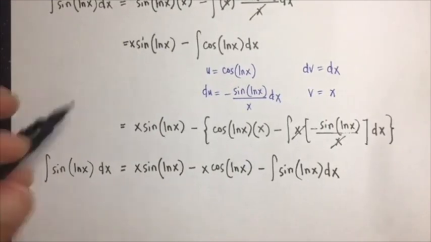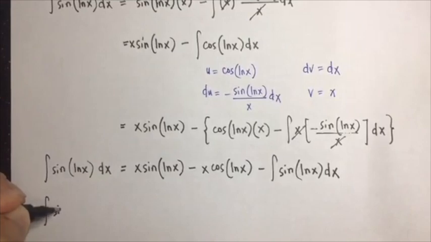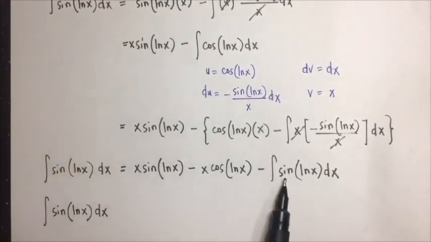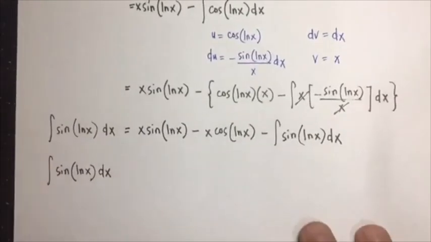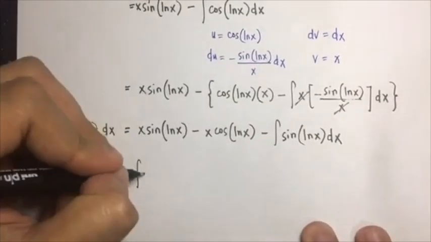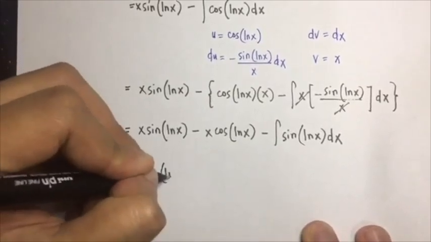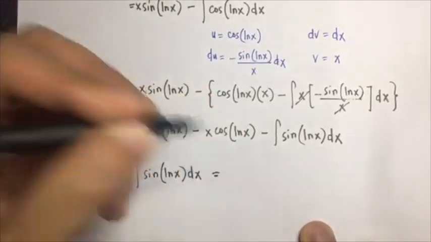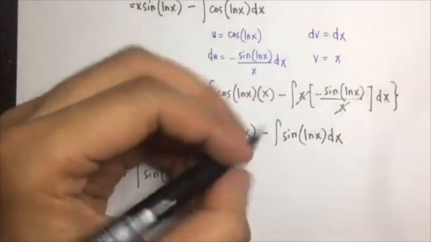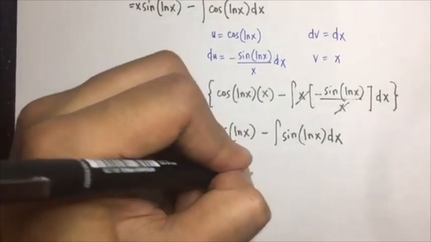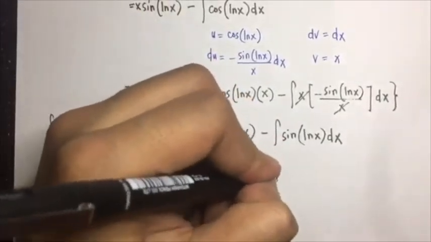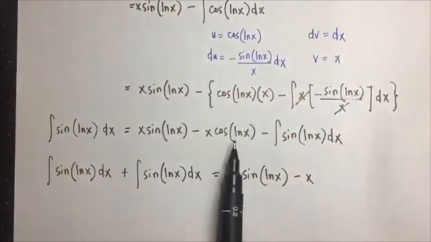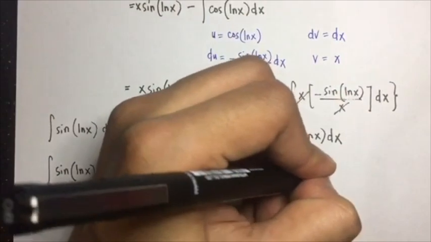Copying this, the integral of sine of ln of x dx, transposing this, it becomes plus the integral of sine of ln of x dx, which is equal to x sine of ln of x minus x cosine of ln of x.